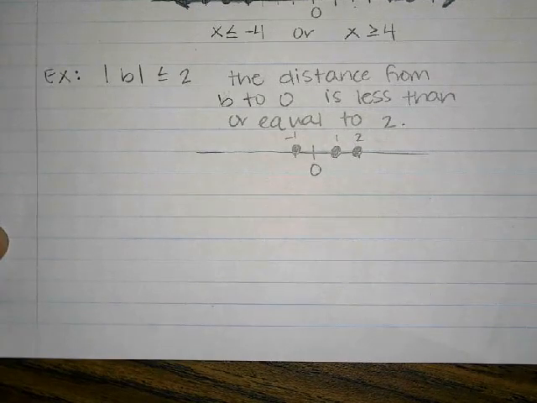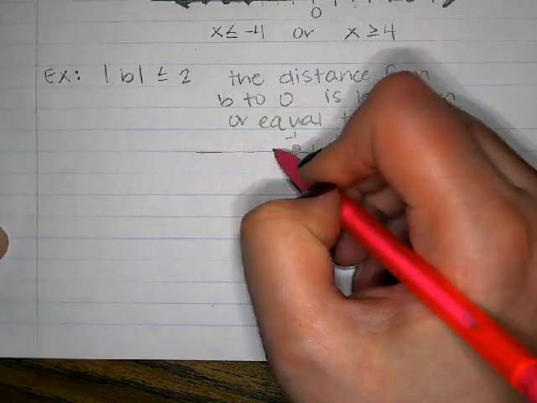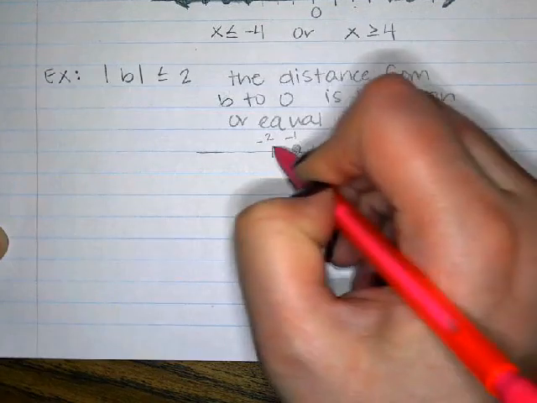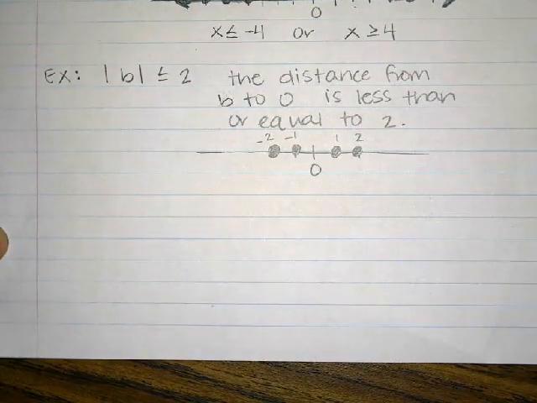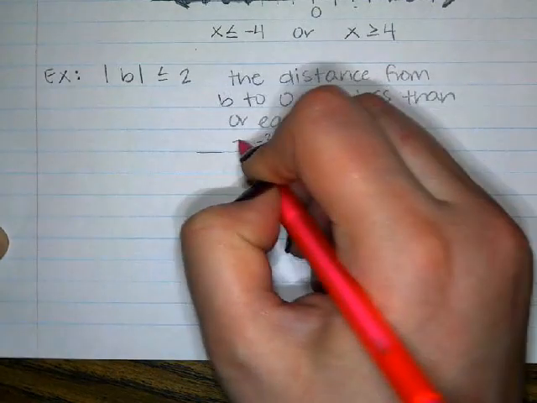Is -3 allowed? The number is less than 2, but is the distance between that number and 0 less than 2? No. Okay, so that's why it doesn't work. -2 would work. So we know -3 doesn't work. We know +3 doesn't work.